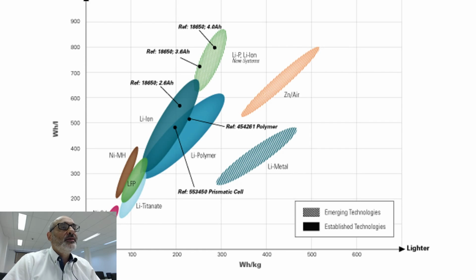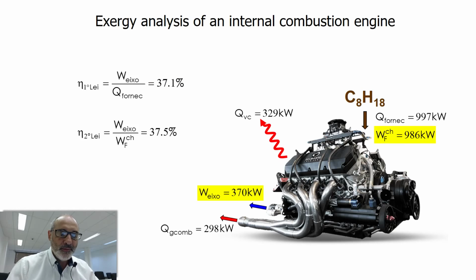So the solution is simple. You simply compare with the exergetic content of the fuel. Instead of using this number here, 997, which is the heat capacity or the heat supplied, you compare with the exergy supplied, or the exergy content of the fuel.